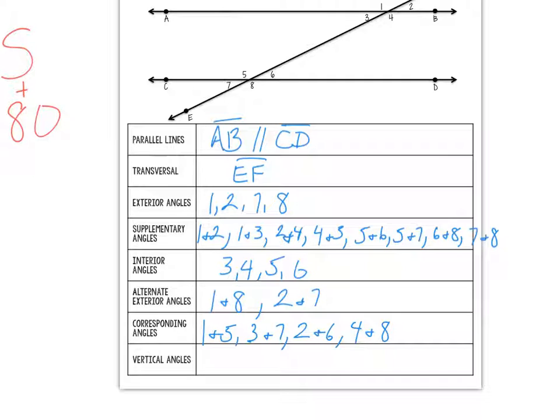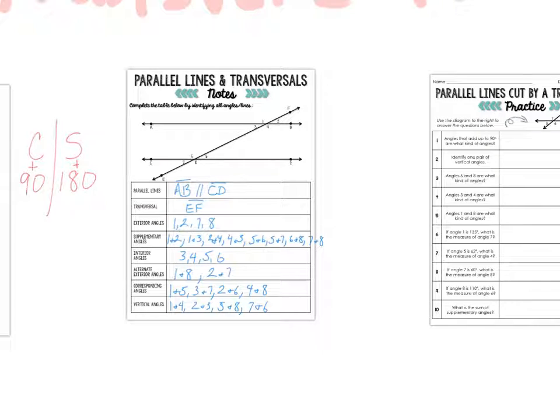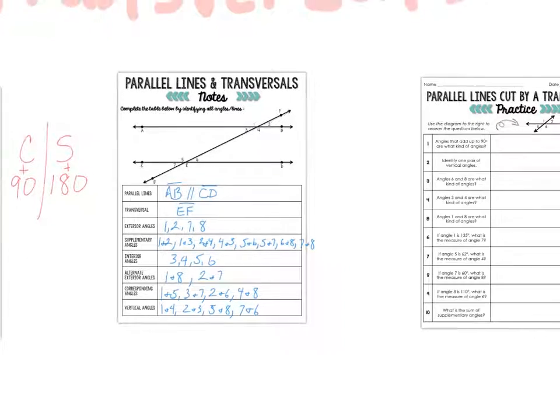Vertical angles, again, lots of vertical angles as well. Angles 1 and 4 are vertical, just like 2 and 3 are vertical. 5 and 8 are vertical, so are 7 and 6. Alright, so that was awesome.